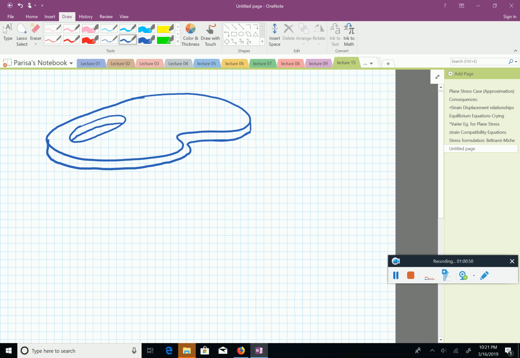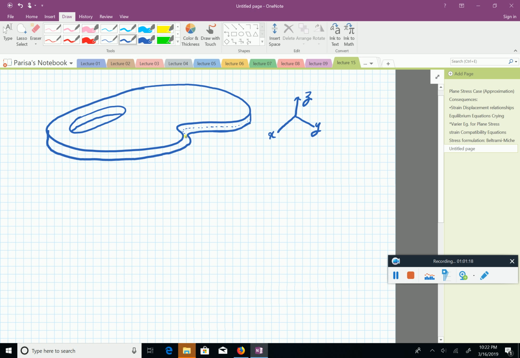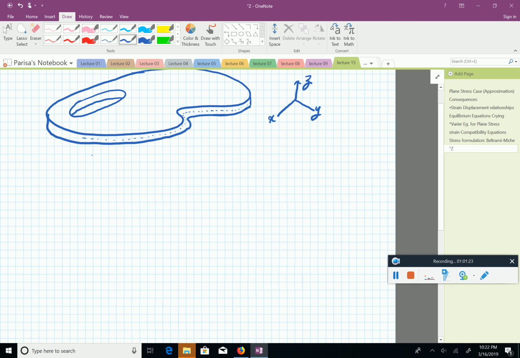So if we take, for example, this plate, and take x, y, z here, and then consider a mid-plane section which cuts this in half.